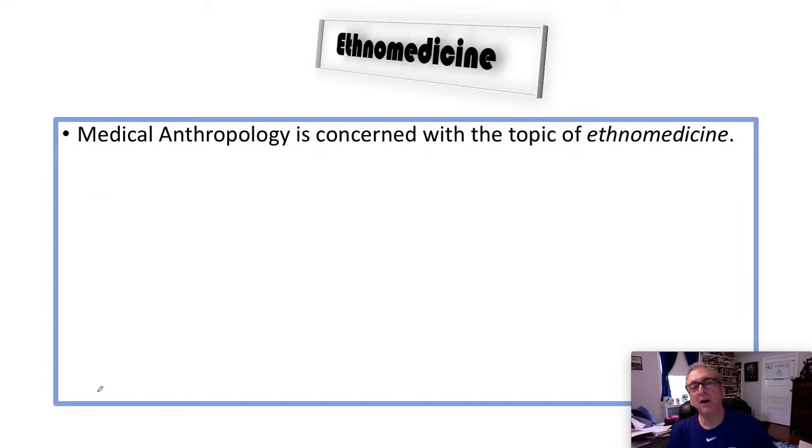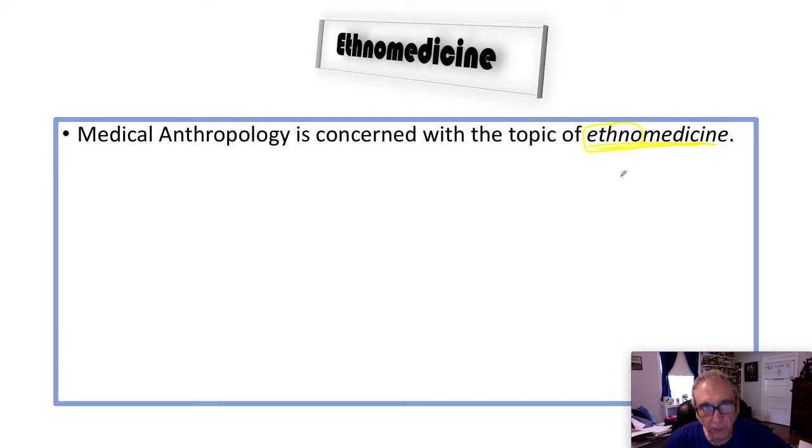All right. So what do we get into here? Let's start. All right. So we're talking about medical anthropology. I'm going to try to give you a definition of medical anthropology. And one thing we could say is that medical anthropology is a sub-branch of anthropology, including cultural anthropology, that's concerned with the topic of ethnomedicine. Okay, ethnomedicine. Now we know when we put that ethno in front of medicine, we're talking about culture.